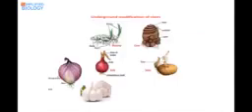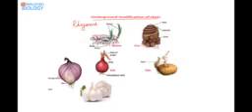Underground modification of stem, the first type is the rhizome. They grow horizontally under the surface of the soil. These are the nodes and internodes. They possess axillary bud and terminal bud that can grow into shoots, and have adventitious roots developing at the nodes.